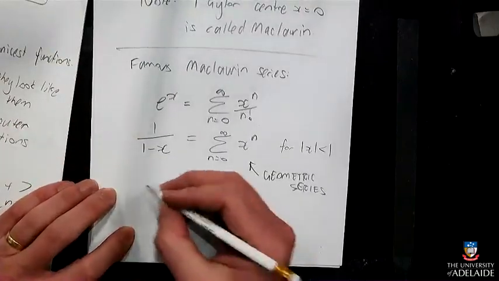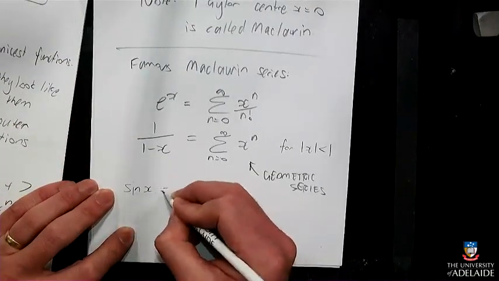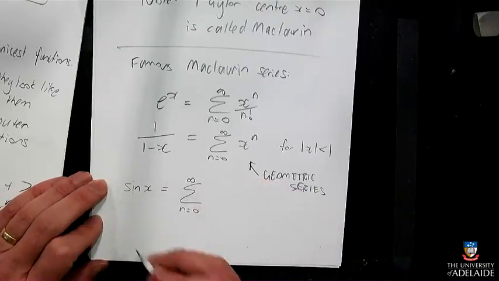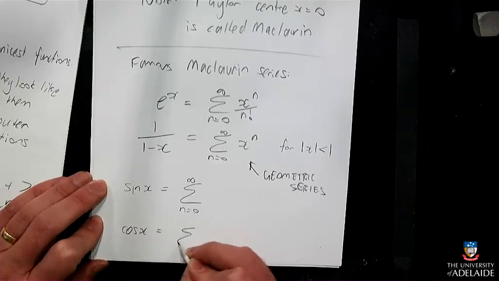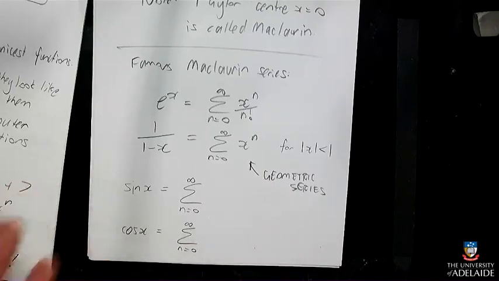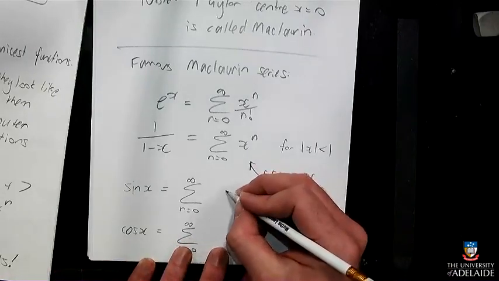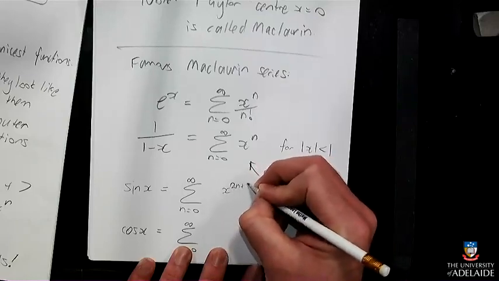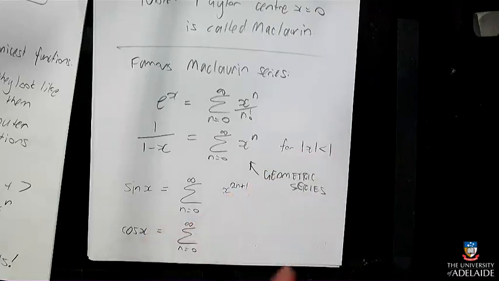And the other two famous ones are sin x and cos x. And I'll just write them down in the order I remember it. So sin x only has odd powers of x, and cos x only has even exponents. And so for it to be odd, I need a 2n plus 1, because if you multiply something by 2 and add 1, you always get an odd number.